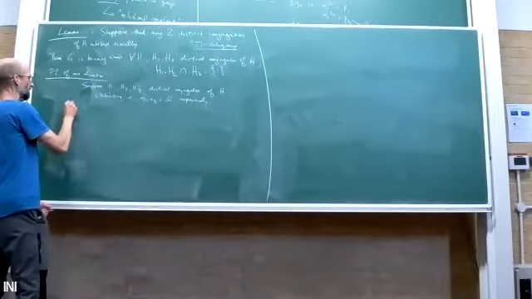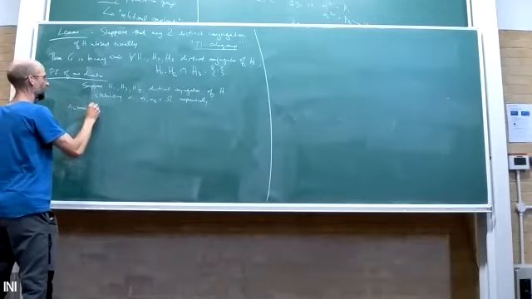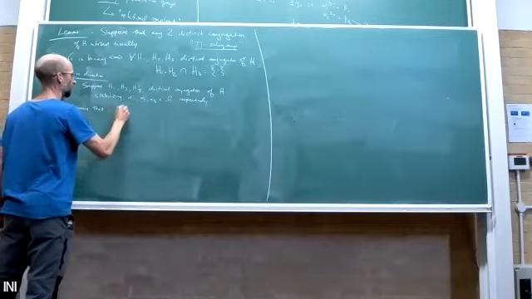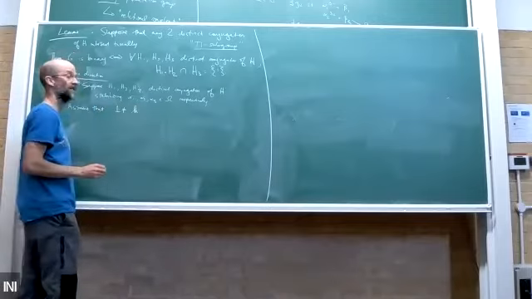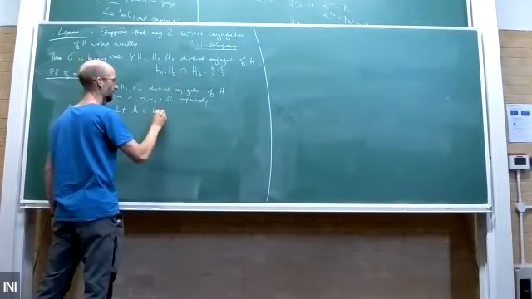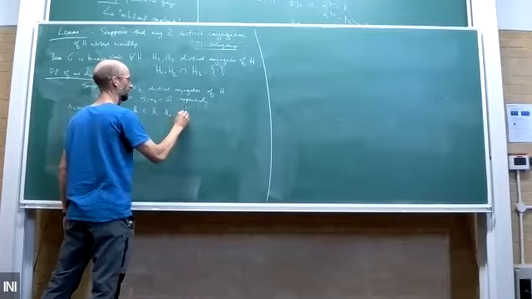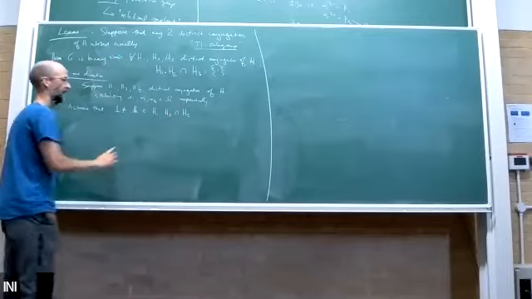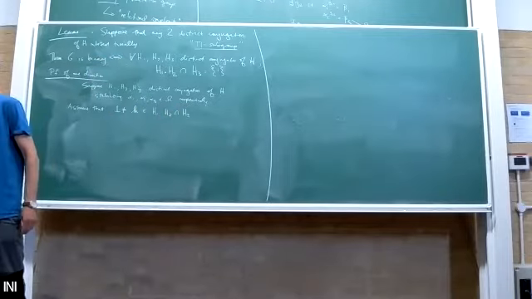And then let's assume that there exists a non-trivial element h inside this intersection here. Wonderful.